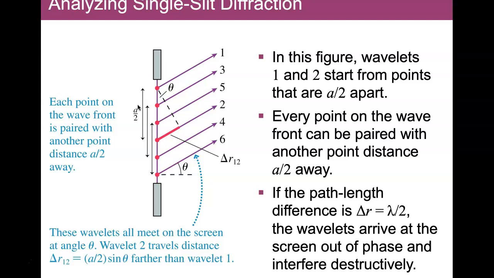Let's consider 1 and 2. We have 1, 2, 3, 4, 5, 6. These lines are numbered in some way. If I take 1 and 2, 2 is right in the middle, 1 is at the top, and the distance between them is a over 2, half the width of the slit.